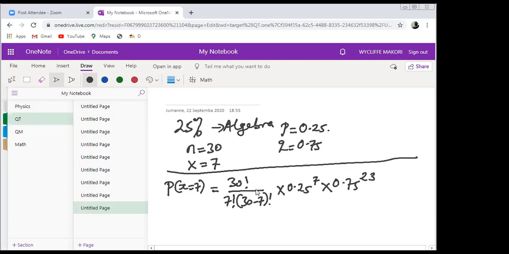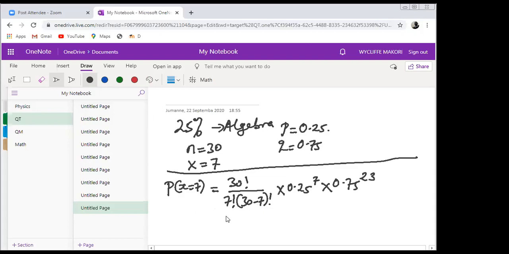Then you put these figures on the denominator part in brackets: open the bracket, 7 shift factorial times 23 factorial. Then you close the bracket so that we can get the answer for the first part.